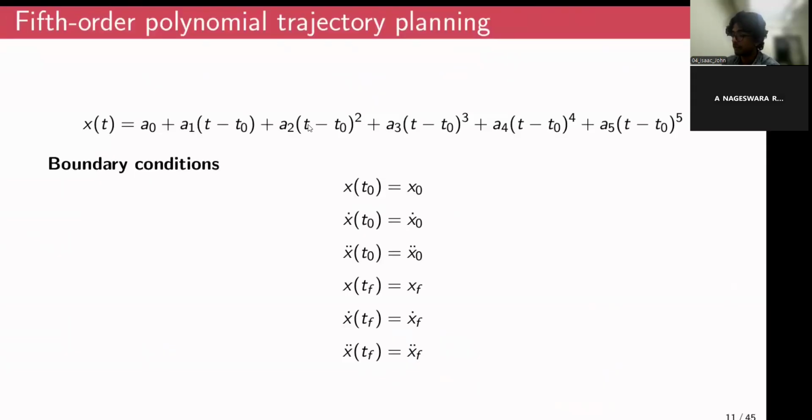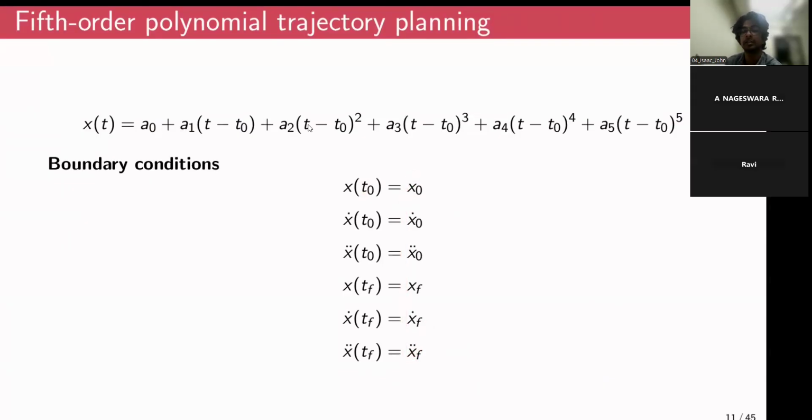If you substitute the value of t0 and all these values into this equation, you will end up with a system of six equations having six unknowns. These will be your six unknowns. You can reduce this to matrix and vector form, and if you solve those six equations, you will obtain these coefficients. The principle is exactly the same as how we did it for a cubic polynomial.